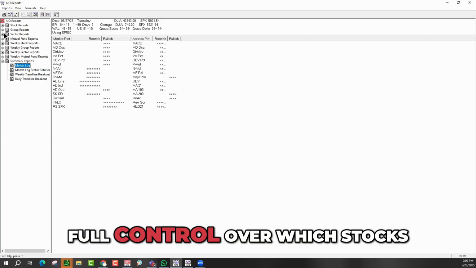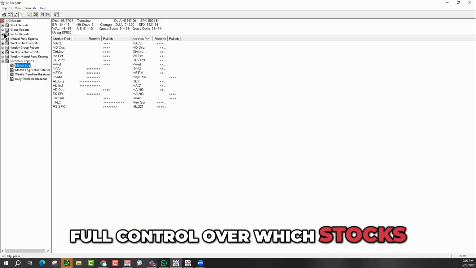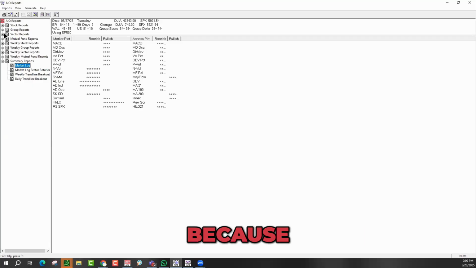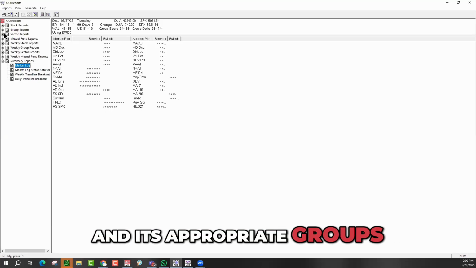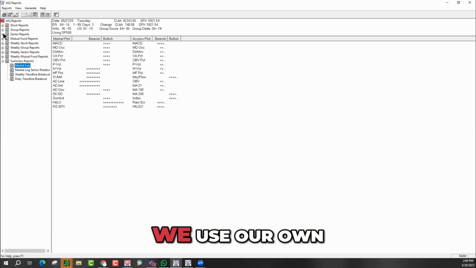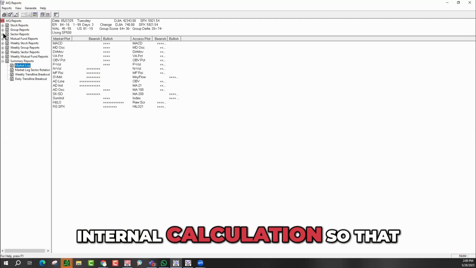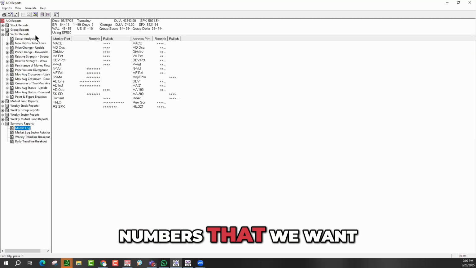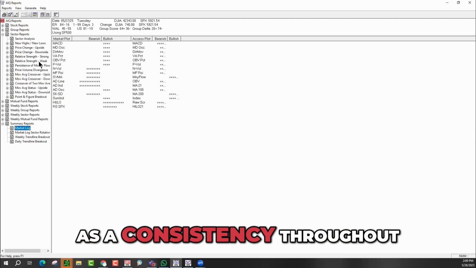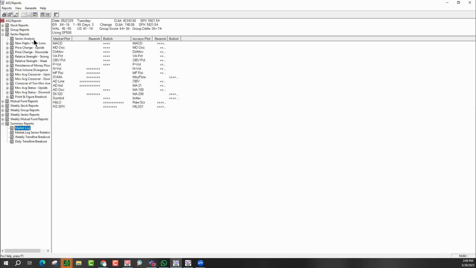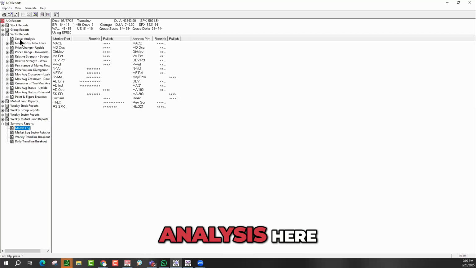And that gives us full control over which stocks we'll be looking at, because the S&P 500 index and its appropriate groups are calculated by S&P. We use our own internal calculation so that we have exactly the numbers that we want to see as a consistency throughout our analysis. So I clicked on sector analysis here.